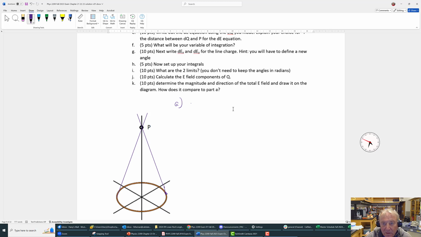So, Q evenly distributed. I guess we say one little i because it's part.